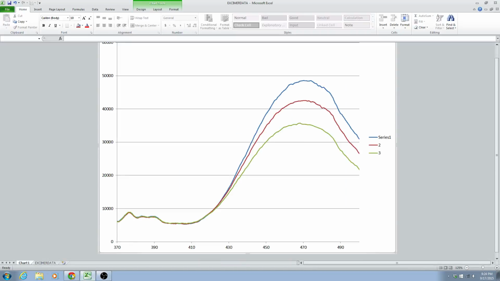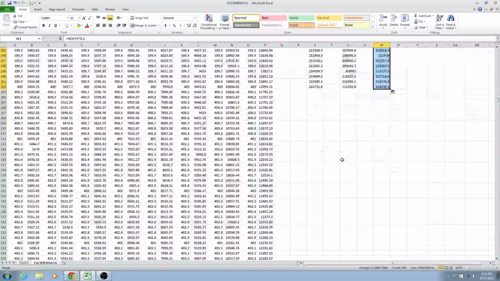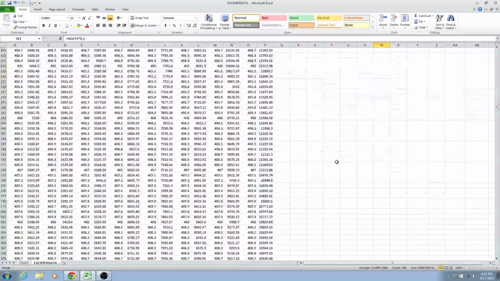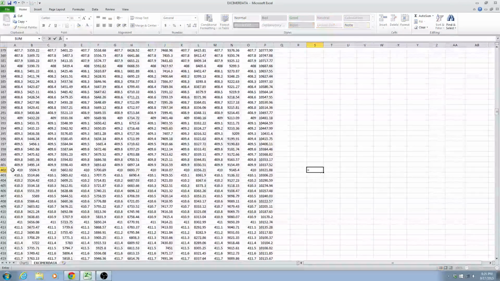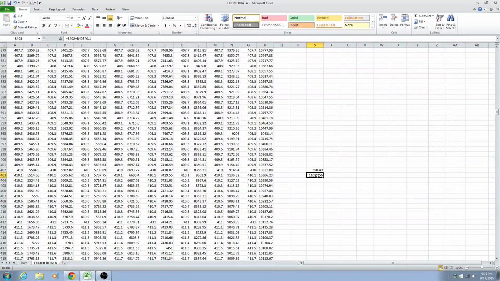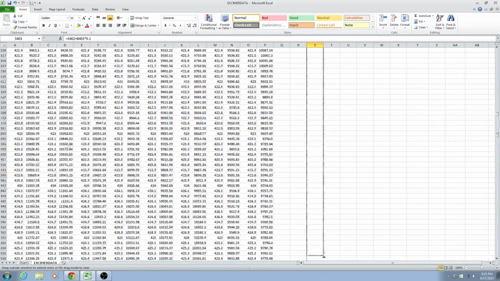So I find it starts at 410, and I pretty much just do the same thing down here. Multiply it by the step, add the next one, and then drag it down to 472.